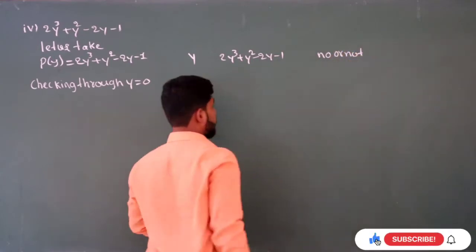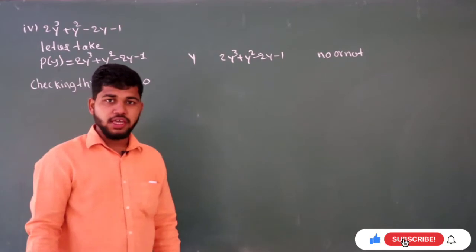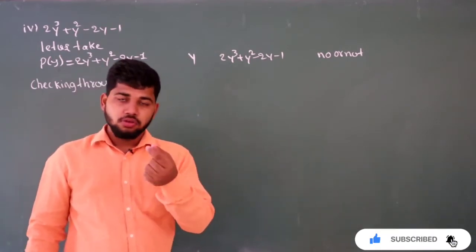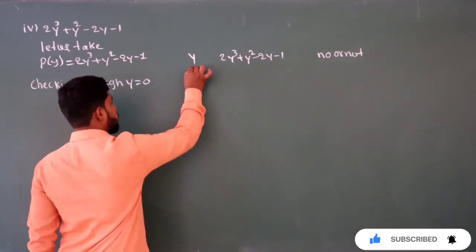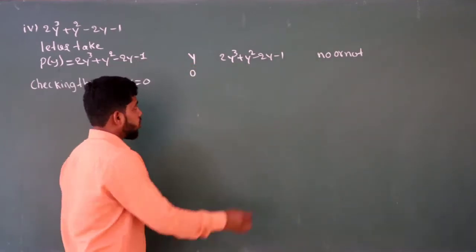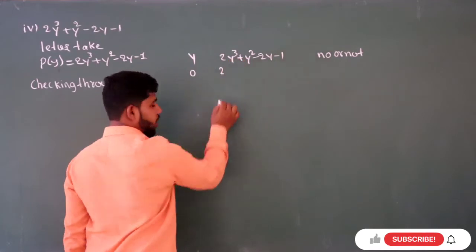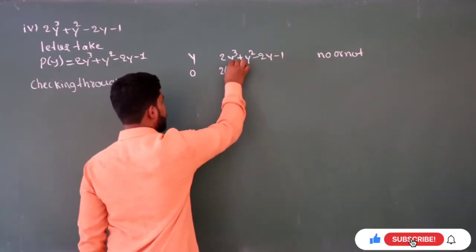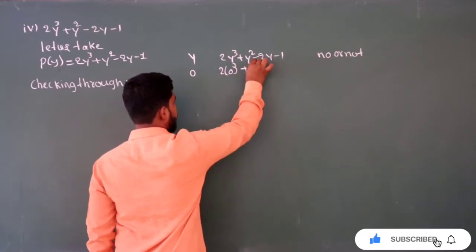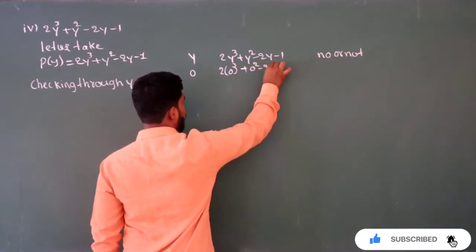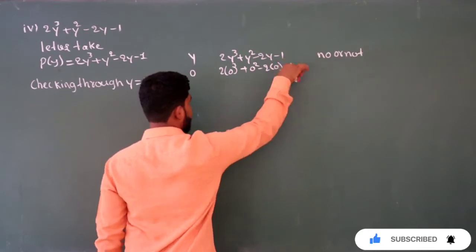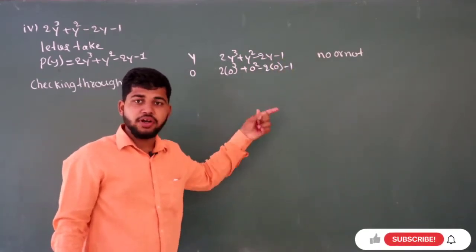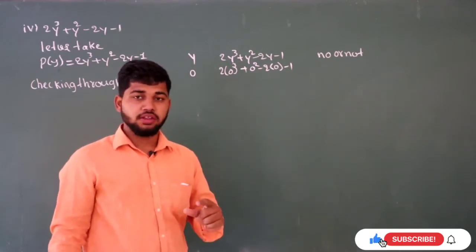In the place of the y, we are taking the value 0. So 2 into 0 cube plus 0 square minus 2 into 0 minus 1. Wherever there is a y present, we take 0.